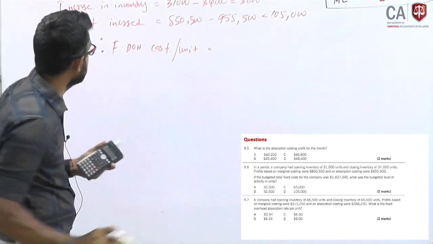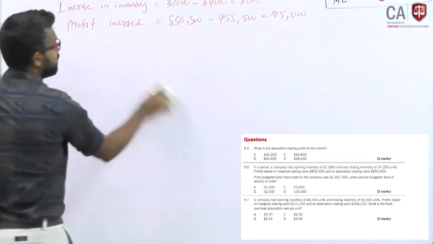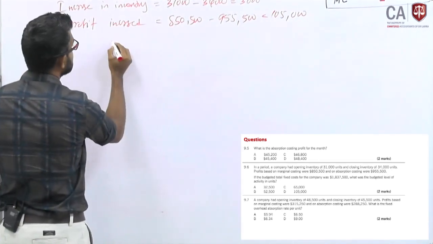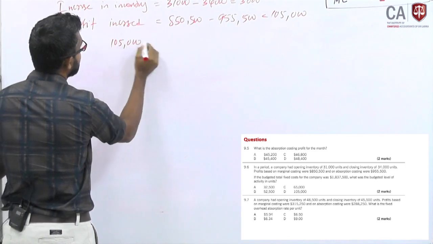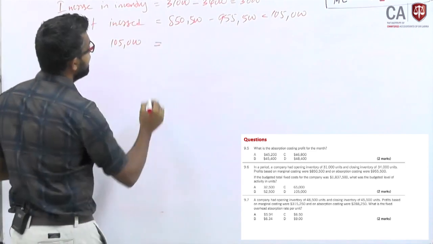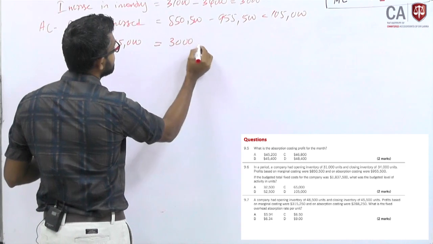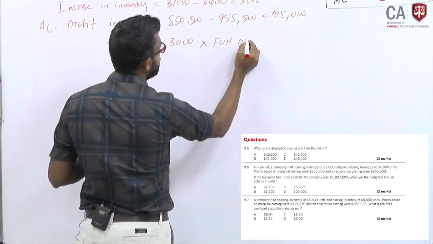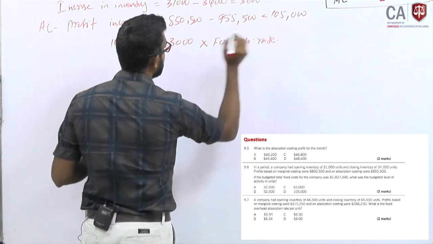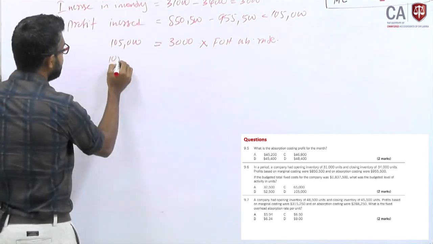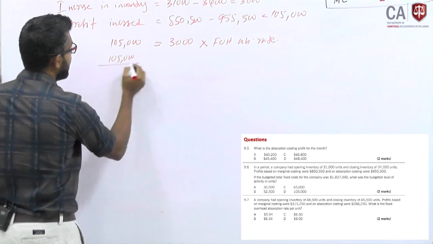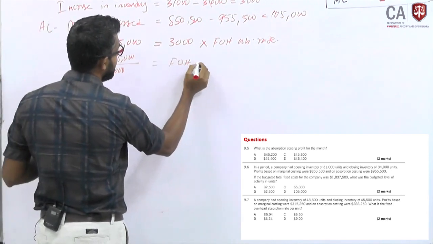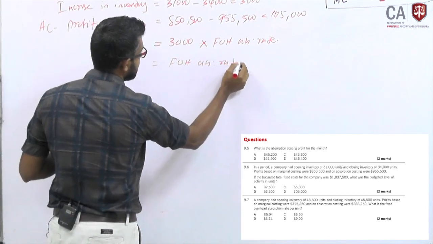Change in profit how much? 105,000. Change in inventory 3,000. Fixed production overhead absorption rate, we do not know. 105,000 divided by 3,000 gives the fixed overhead absorption rate.